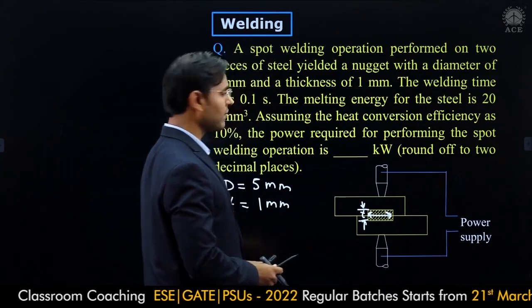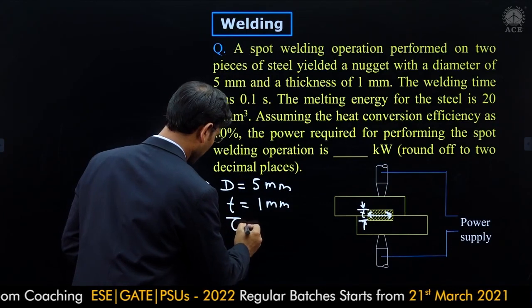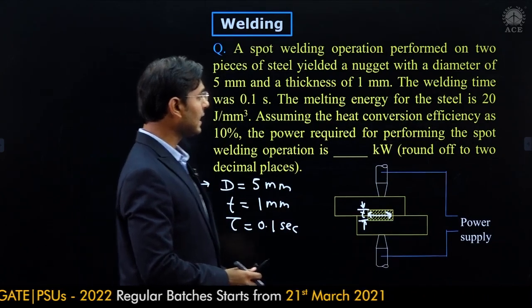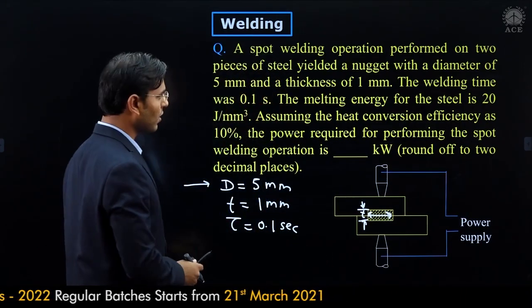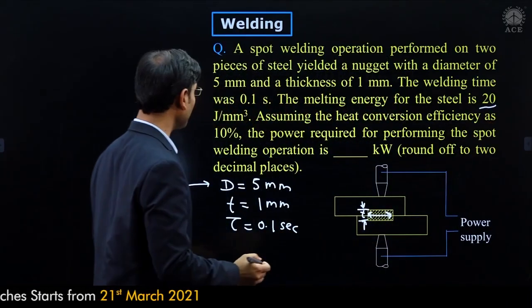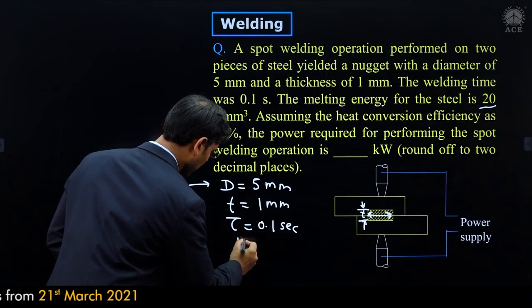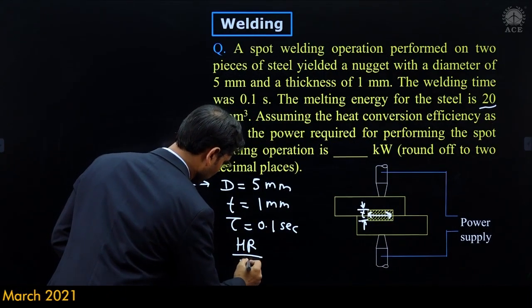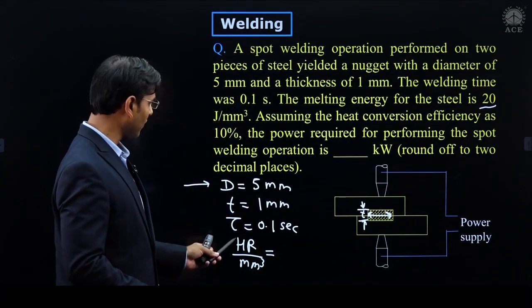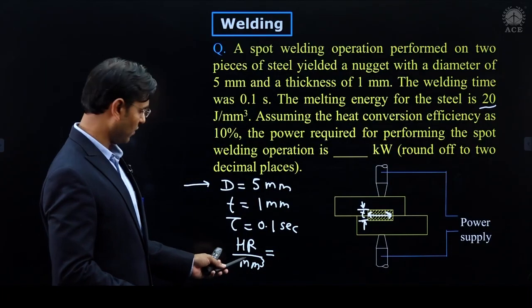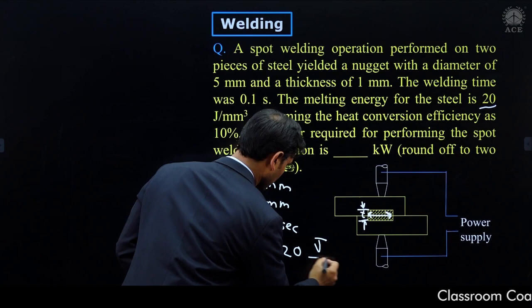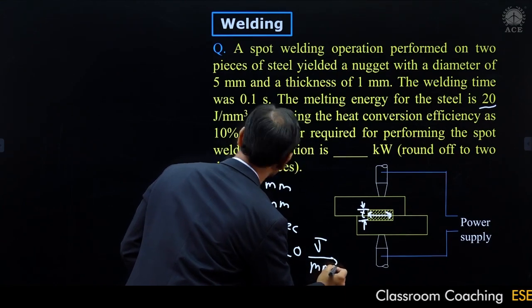The welding time was 0.1 second, that is tau is 0.1 second. The melting energy for steel is, a very important term given, 20 joule per millimeter cube. It means the heat required per millimeter cube, that is, I can also write heat required per unit volume, because the unit of volume is millimeter cube. Then I am writing here 20 joule per millimeter cube.